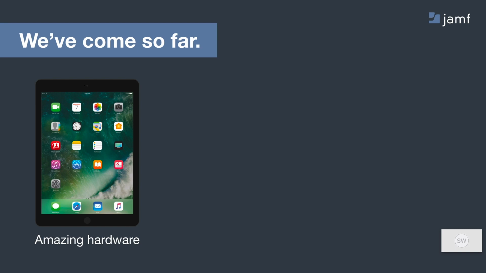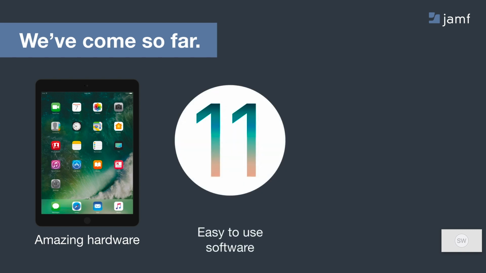So super excited to talk about that. But hardware, useless without software. And iOS 11 has continued to mature, offer even more options. And as those of you that have been keeping up with the news, iOS 12 seems to be even more performant on older devices. So schools are able to get more years out of equipment that they bought several years ago.